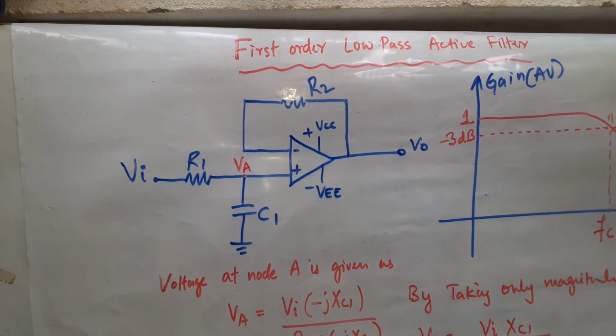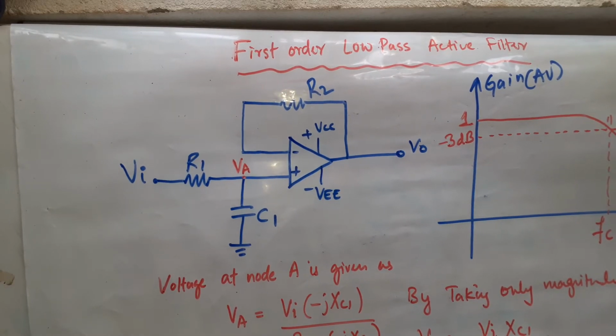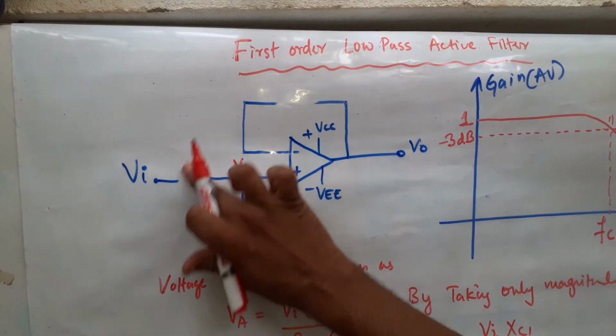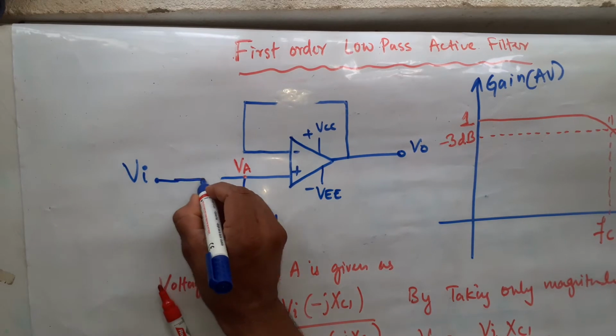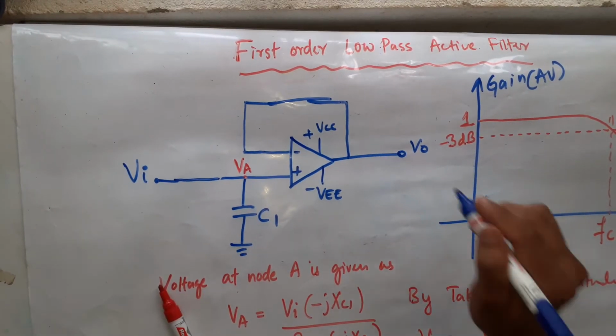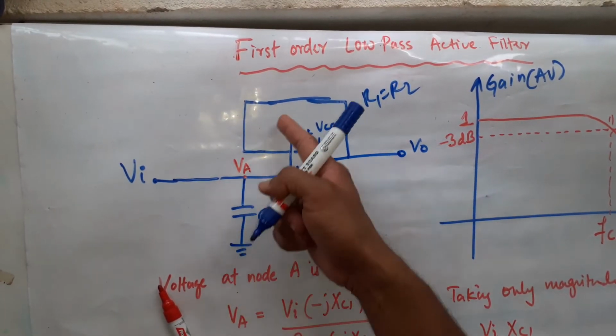R1 equal to R2, then the circuit is behaving as a voltage follower circuit. It means if I remove this resistor R2, your circuit becomes like this. If R1 equal to R2, your circuit behaves like this.